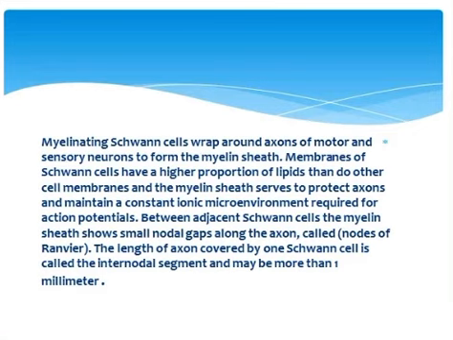Between adjacent Schwann cells, the myelin sheath shows small nodal gaps along the axon called nodes of Ranvier. The length of axon covered by one Schwann cell is called the internode segment and may be more than 1 millimeter.